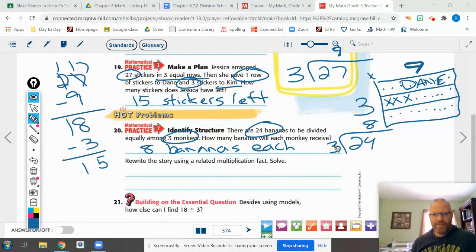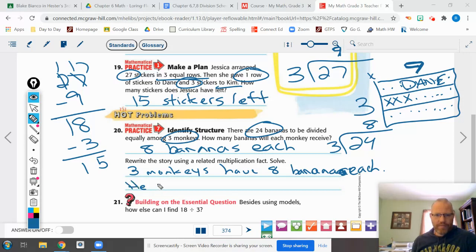So we have 3 monkeys and 8 bananas each. So 3 monkeys have 8 bananas each. How many bananas do they have?